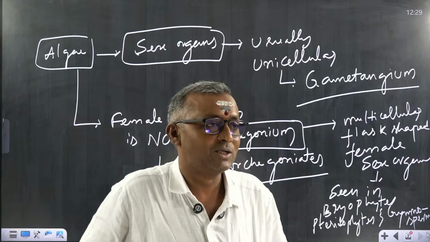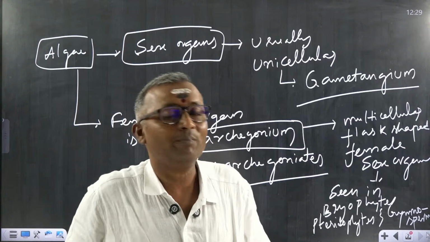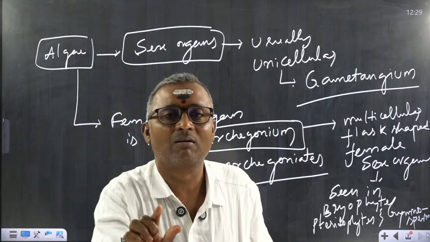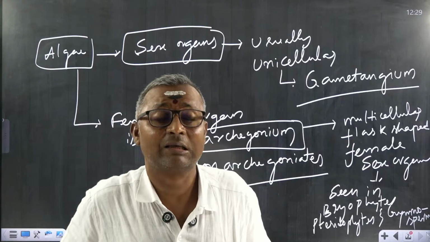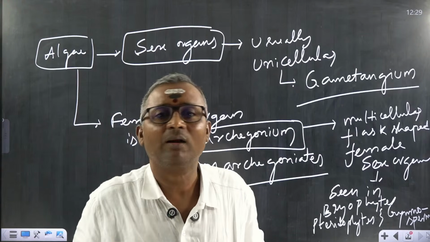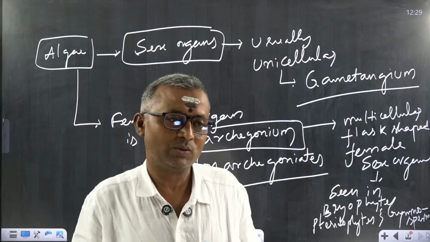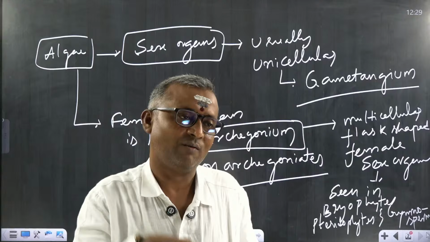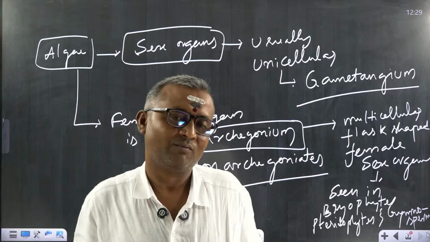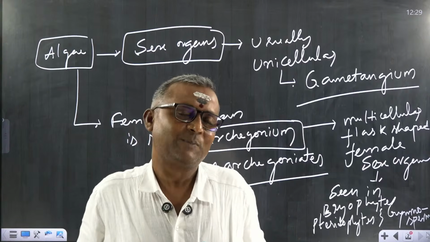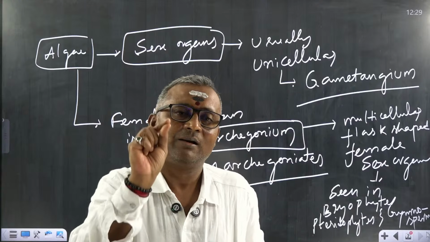What is gametangium? Rida is asking. Gametangium is nothing but the sex organ in algae. Of course, you can use this term for the sex organs of algae, bryophytes, pteridophytes, anything. But specifically I am using this term in algae to represent that it is unicellular.